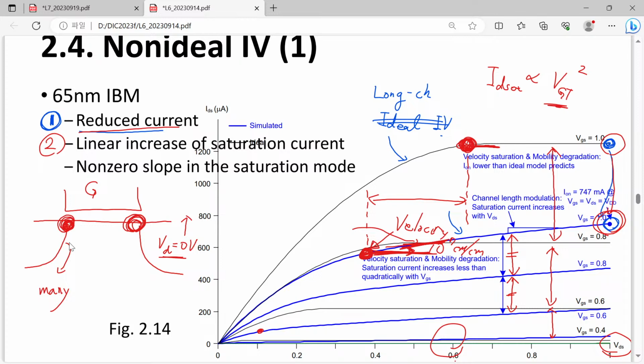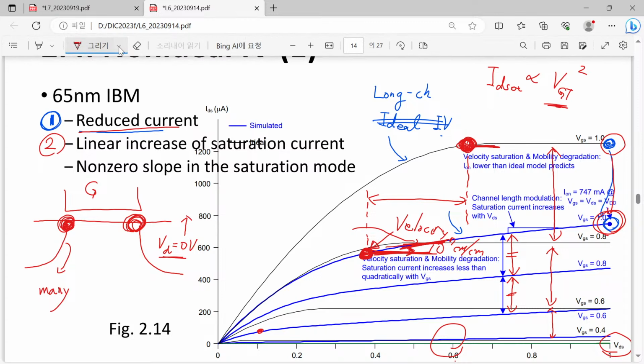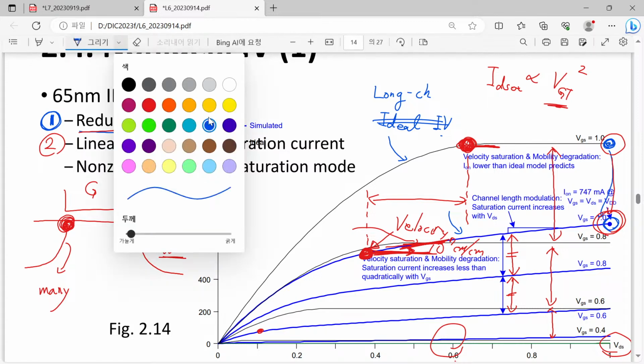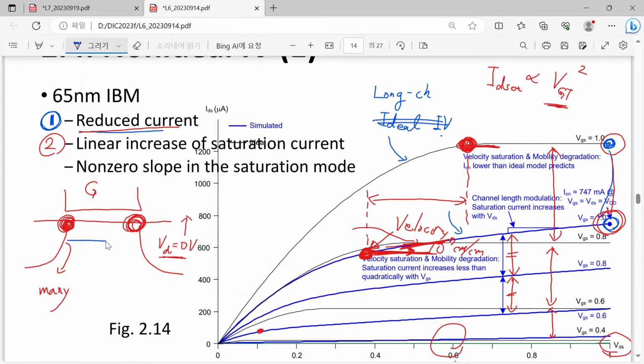So usually people draw it this way. At the beginning, there is the same amount of electrons.